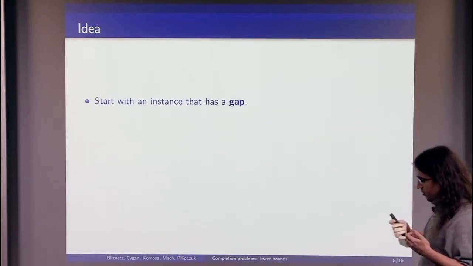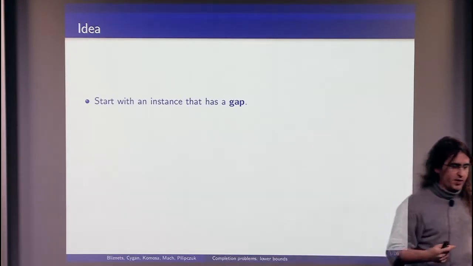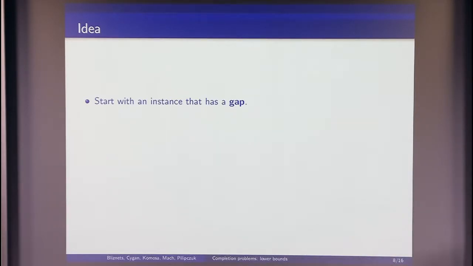So now what is our idea? And if you want to take something from this talk, this is the slide that you want to understand, because this is a very simple idea that will give us a better lower bound. So instead of starting with an arbitrary instance of MAXCUT, I will start with an instance that has a gap.